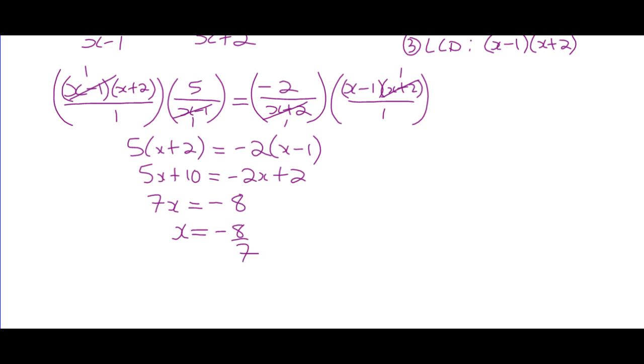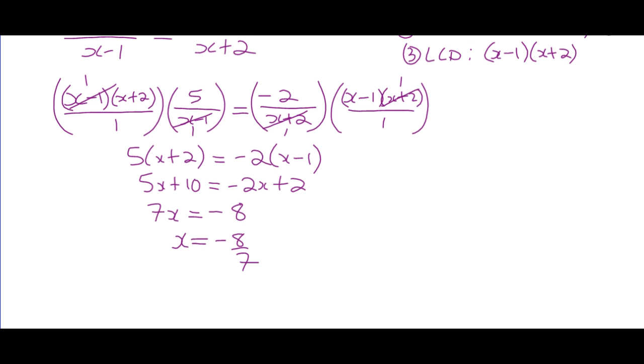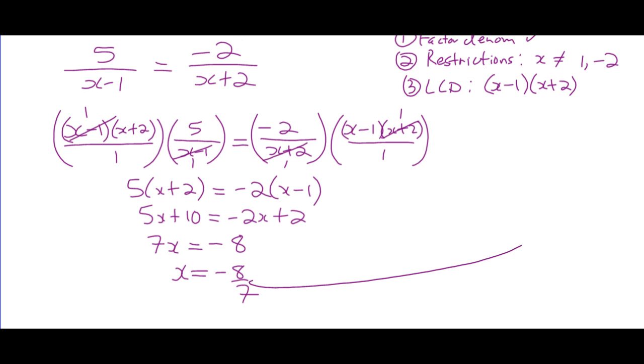Now, George Polya in his 4-step problem solving was: understand, what are we doing? We're solving an equation. Plan, how am I going to do that? I'm going to factor the denominator, state the restrictions, multiply everything by the denominator, so that's the do, and then look back. The look back part, since this is an equation, is saying I have a solution, I need to check it against the restrictions.